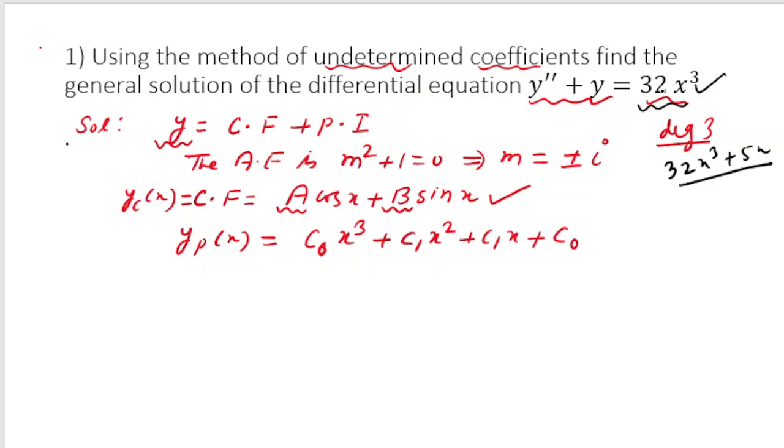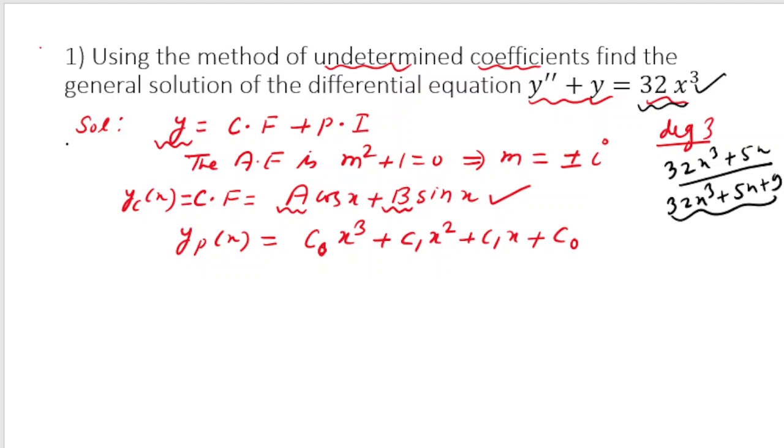If the right hand side is 32x cube plus 5x plus 9, then also the trial solution will remain the same. The trial solution will not change, because each of these three right hand sides is seen as a polynomial of degree 3. So selecting a trial solution is based on the degree of the polynomial, not on what the polynomial actually is.